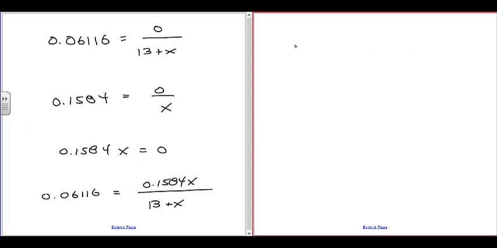And then you can multiply both sides of the equation by 13 plus x. That'll get rid of that in the denominator. Multiply that out. So 13 times 0.06116 is 0.7951.